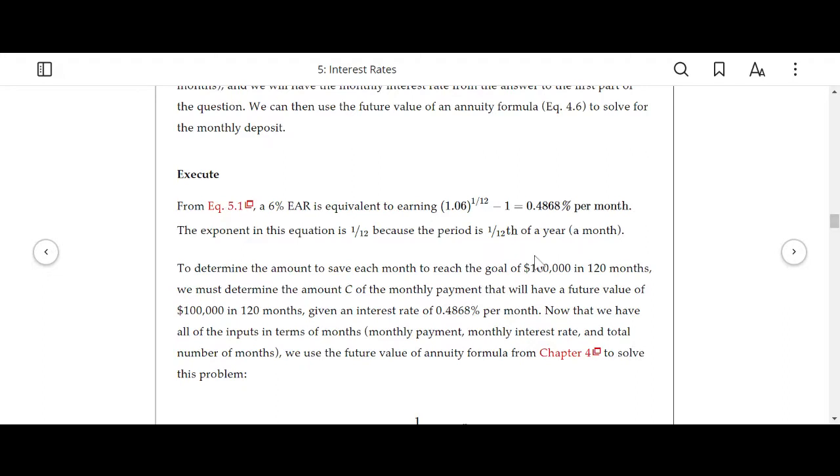And the way we're going to put it in our calculator, we're going to say N equals 48 because we have to match the interest to the number of periods, right? So we're going to say N equals 48. IY equals 6 divided by 12, which is going to give us this interest rate right here.